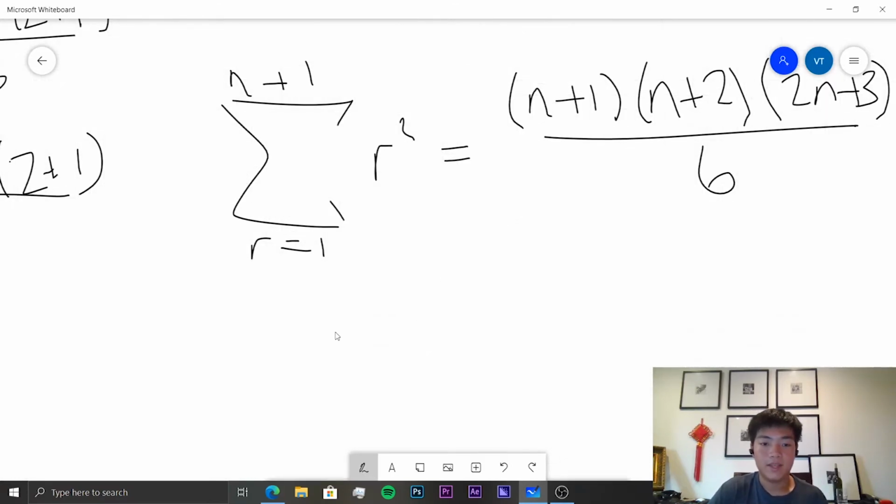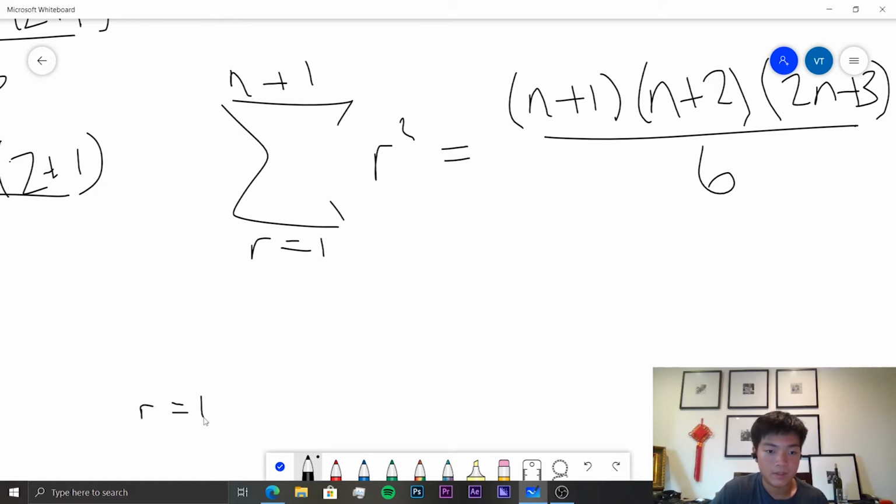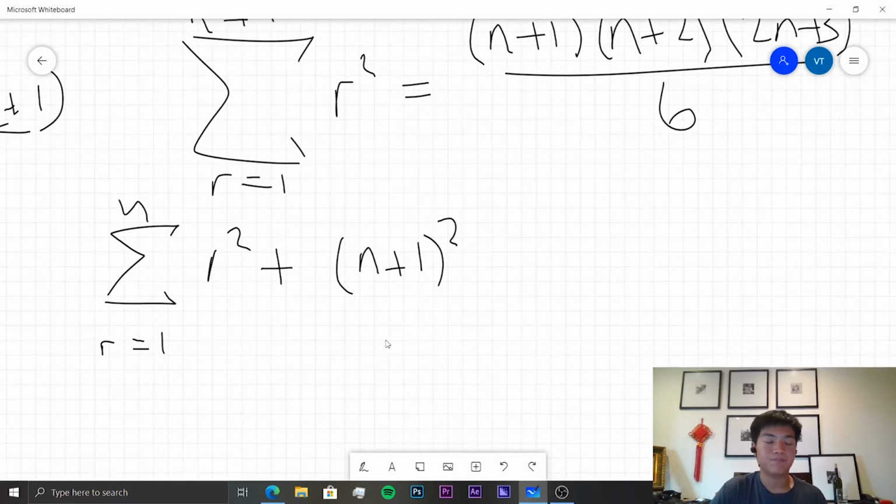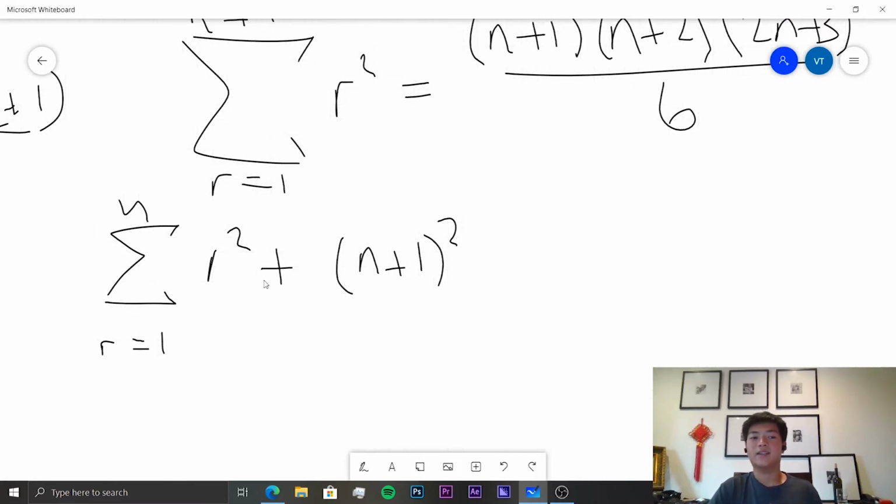So we know that this is actually equal to the sum from r equals 1 until n of r squared plus n plus 1 squared. It's just like that.